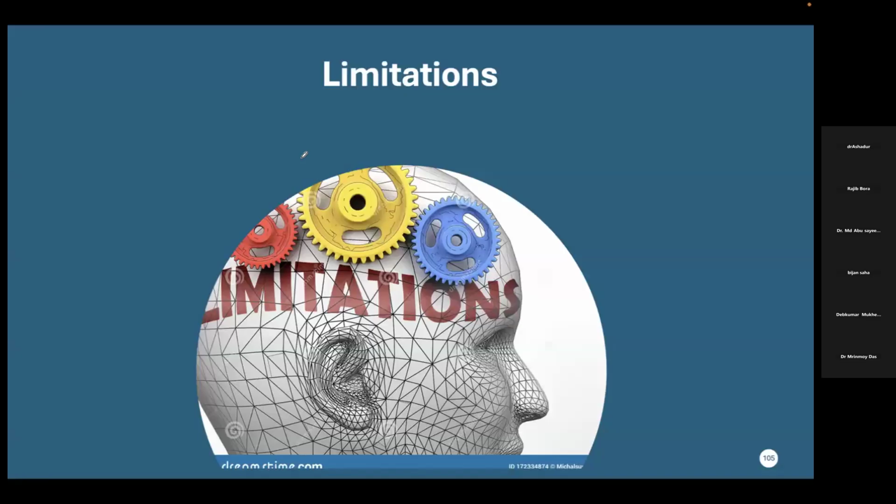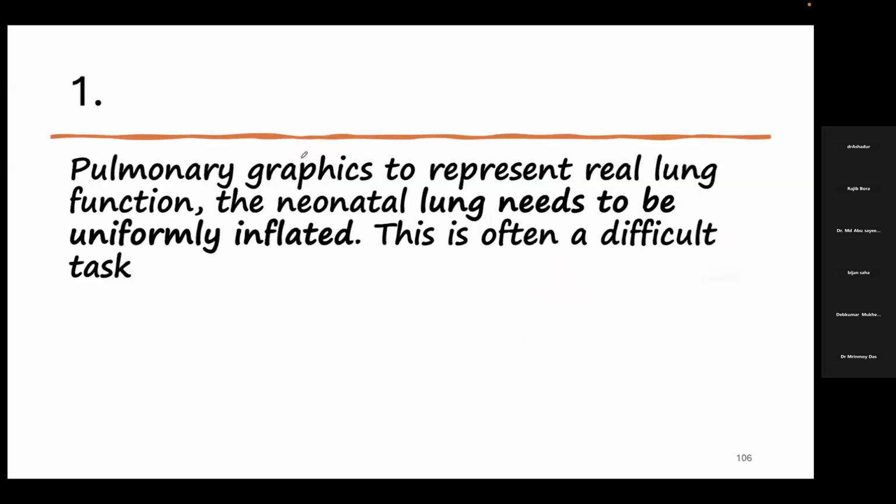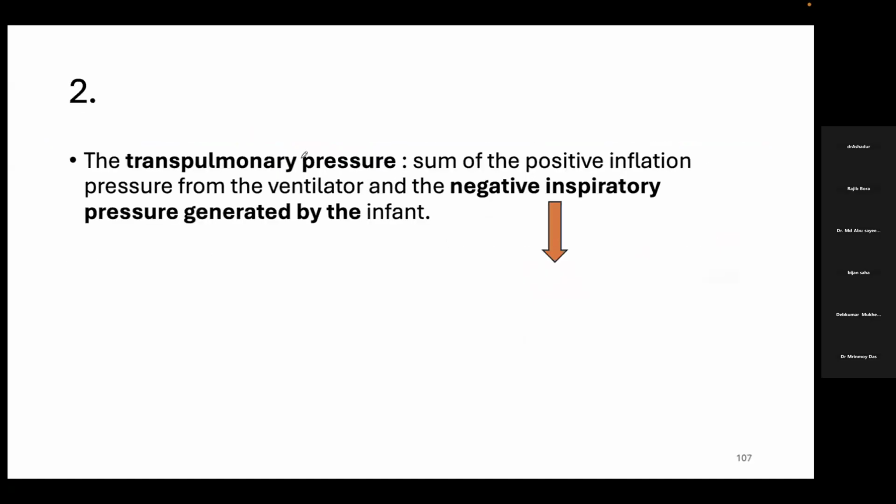But graphs, obviously, like every other thing in this world, are not without limitations. So what are the limitations? We also need to keep that in mind. The neonatal lung needs to be uniformly inflated if pulmonary graphics is really to represent real lung function, but that is often a difficult task. So the neonatal lung is not always uniformly inflated, so interpretation could be erroneous.